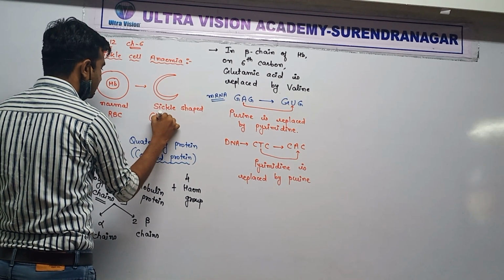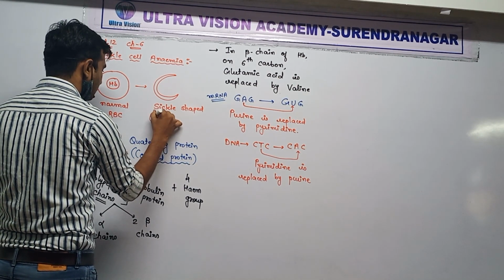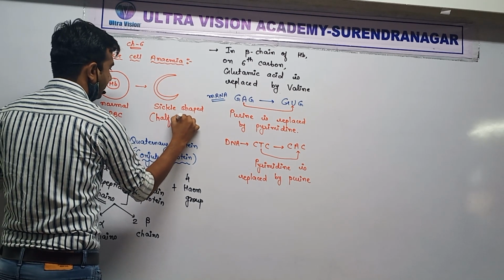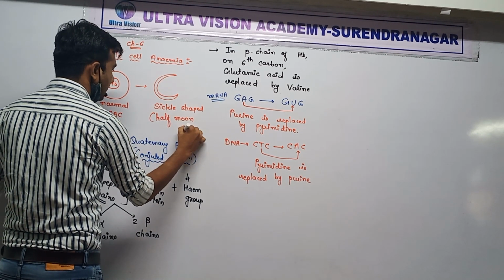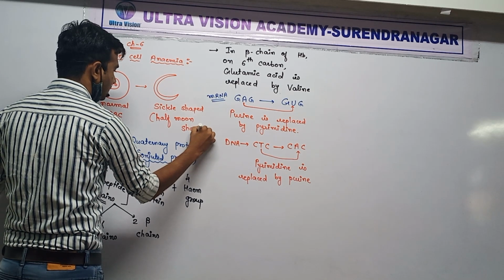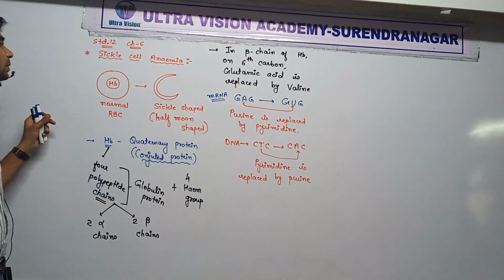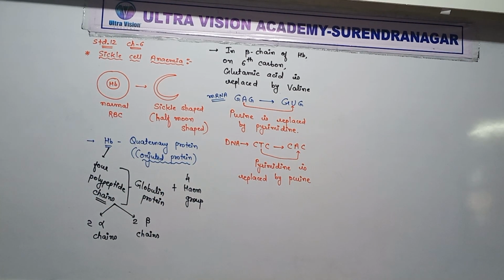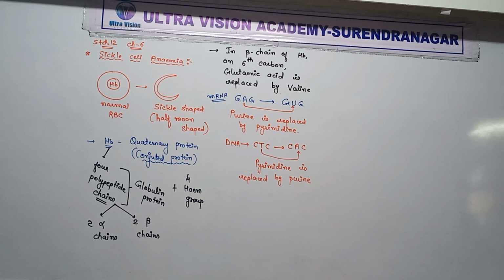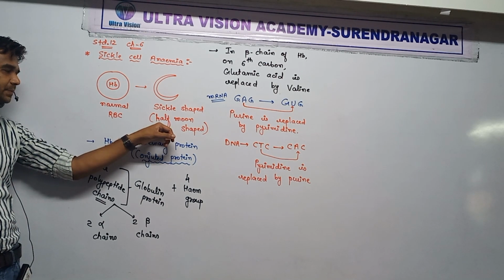Sickle shape means half moon shape. So here the RBCs become sickle shape.